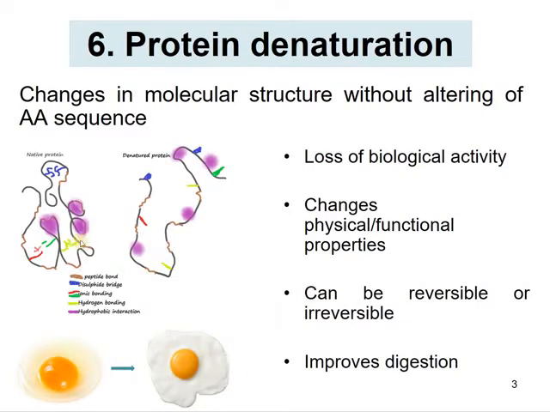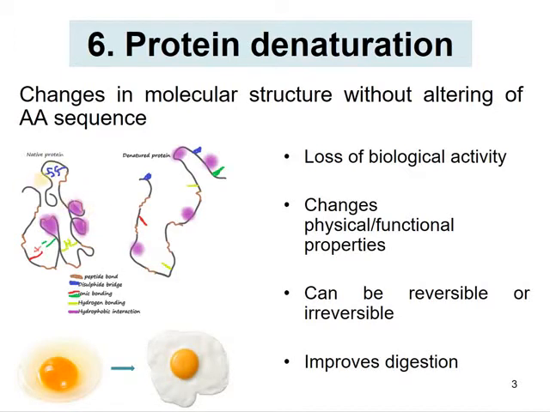So what happens is when the protein is denatured, the bonds that are affected are the ones on the tertiary, quaternary, and secondary structure. So things like your disulfide bridges, your ionic and hydrophobic interactions, to mention a few, are the ones that are disrupted.